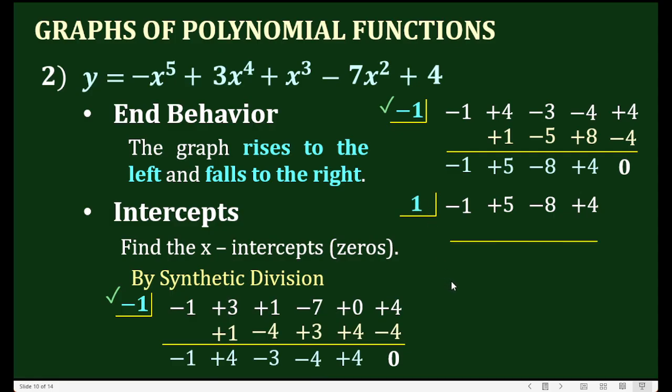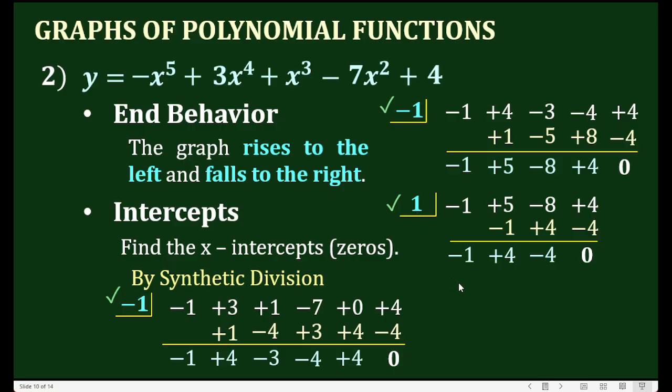Then we do the same process of synthetic division. We bring down negative 1, times 1 is negative 1, plus 5 is 4, times 1 is 4, added to negative 8 is negative 4, negative 4 times 1 is negative 4, and this is 0. Again, we found the next x-intercept. This time it's positive 1.